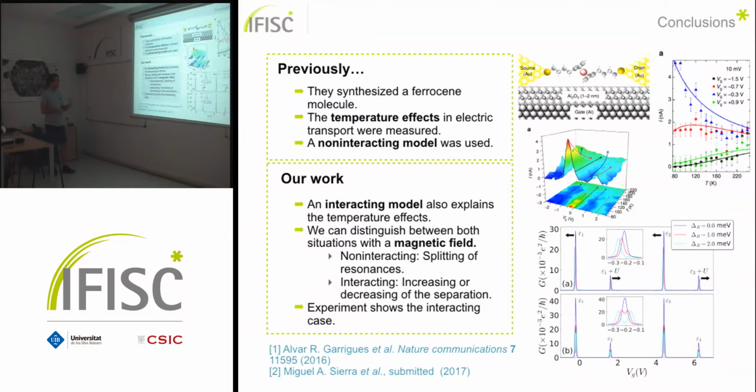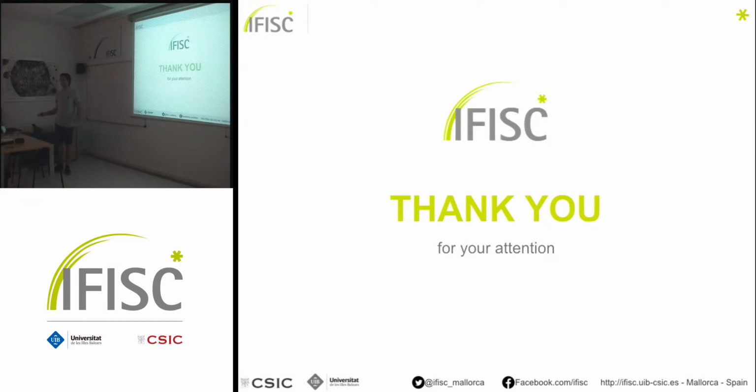In our work, we have developed an interacting model: if the resonance splits, we have a non-interacting case, and if it only separates or gets closer, we have an interacting case. And there are experiments that more or less show that the interacting case can happen. And with this, that's everything. Thank you, everybody, for your attention.